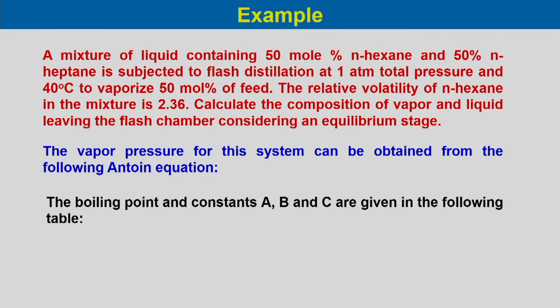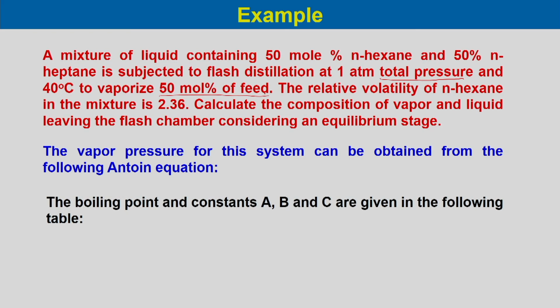Now, let us take an example to find out the vapor and liquid composition coming out from a flash chamber. A liquid mixture containing 50 mole percent N-hexane and 50 mole percent N-heptane is subjected to flash distillation at 1 atmosphere total pressure and 40 degree centigrade temperature to vaporize 50 mole percent of the feed.